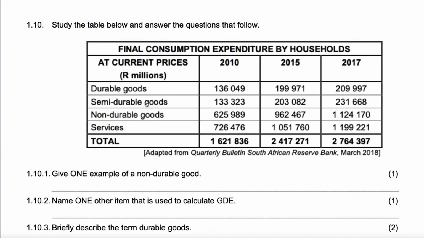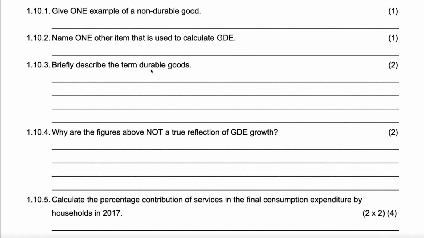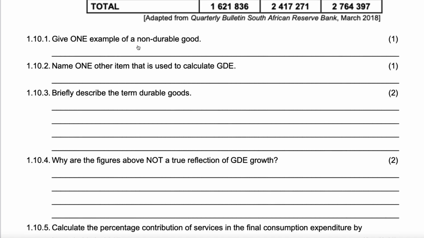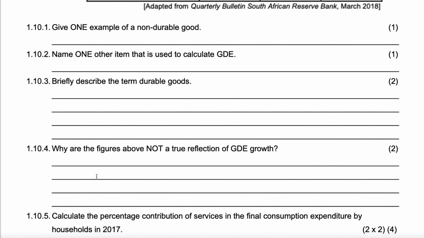Consumption spending on semi-durable goods has been going up, and non-durable goods and services have been going up. Even if we look at the total, it has been going up over the years. But is it really going up? The answer is we don't know because we are using current prices. We only know if we were using constant prices. I should have talked about it when we were studying this, because current prices lead us to this question.